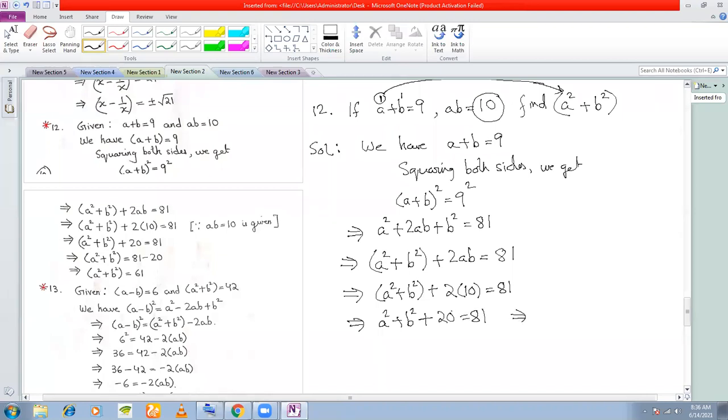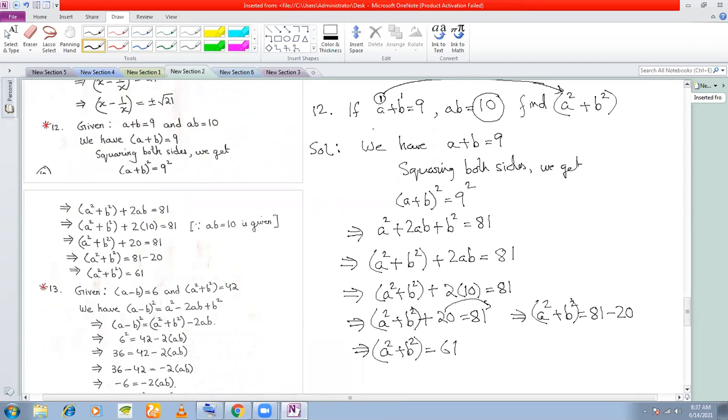That means now you take this 20 on the other side. You get a square plus b square is equal to 81 minus 20. So you get a square plus b square. Let us keep the brackets. 81 minus 20 is 61. And that is the value which you wanted to find.